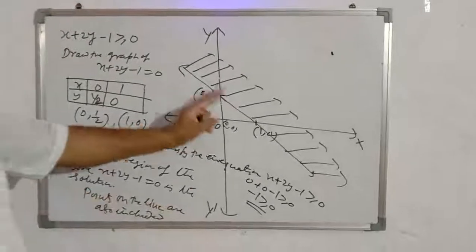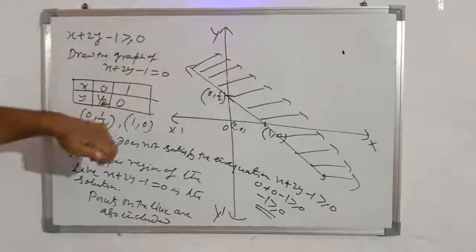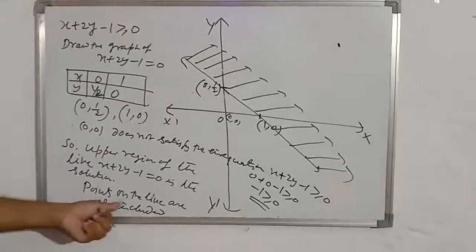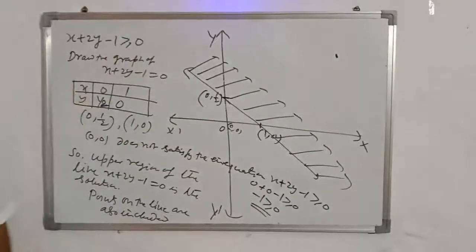The upper region will be our locus, and points on the line are included because equal to 0 is also given.